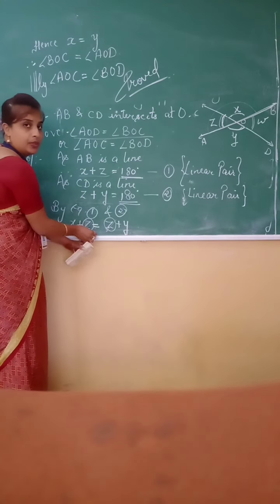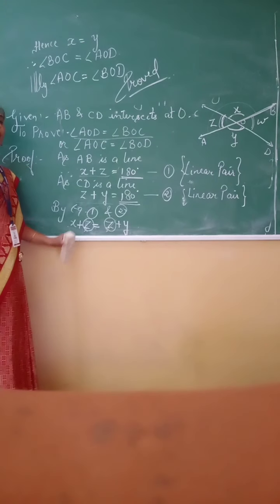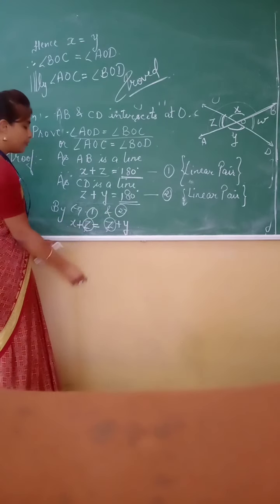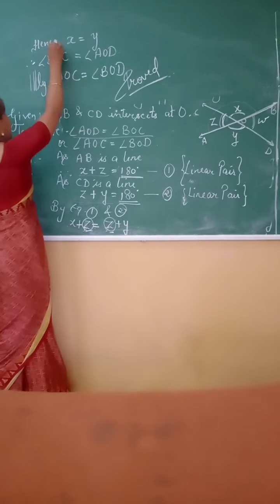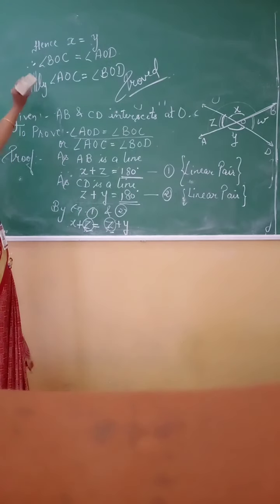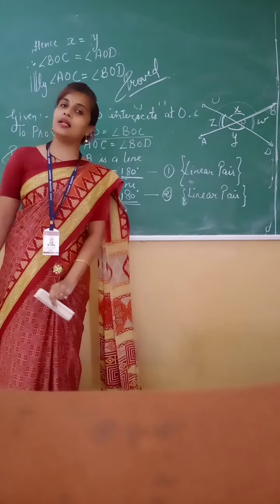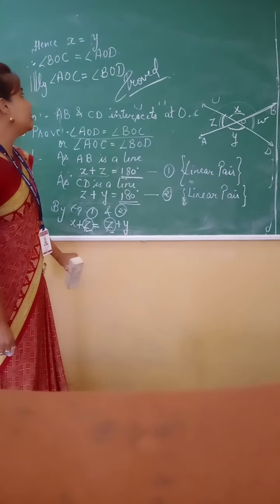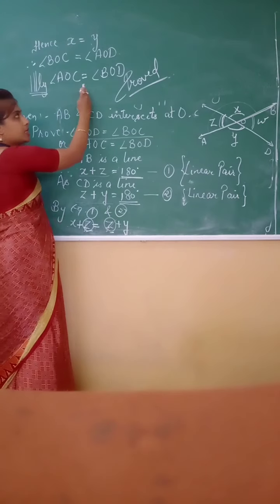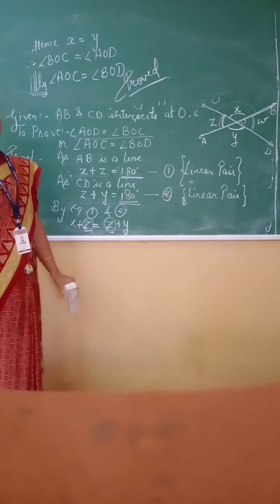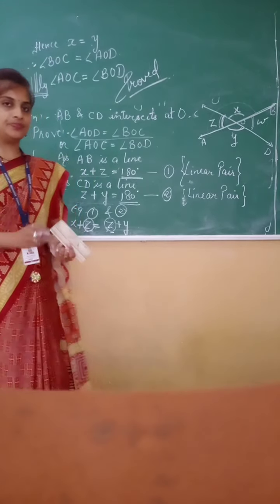So x plus z becomes equal to z plus y. Then in the addition of these terms, if z is being added to both, cancel out z, the remaining part is x is equal to y. Means angle BOC is equal to angle AOD. Similarly, angle AOC is equal to angle BOD. ये हमें प्रूव करना था.